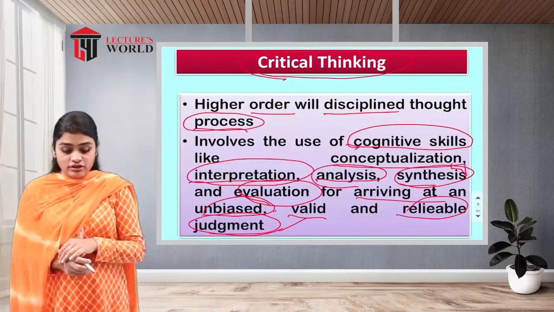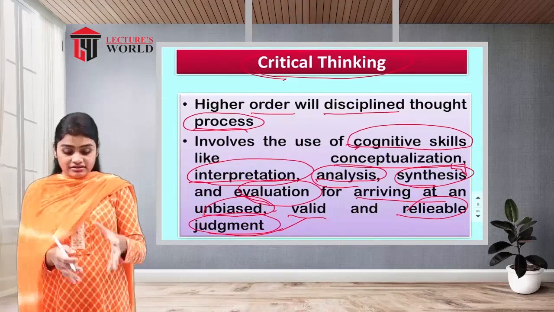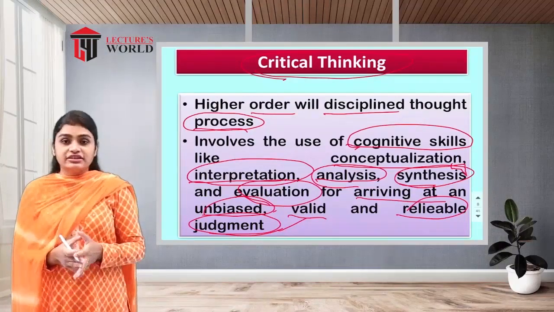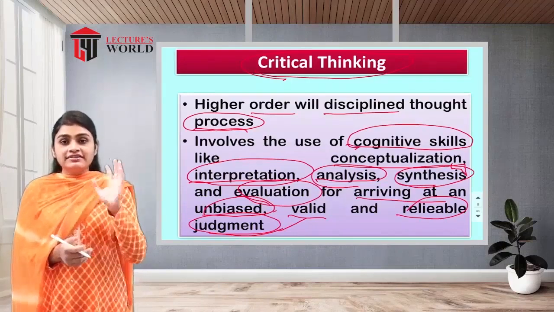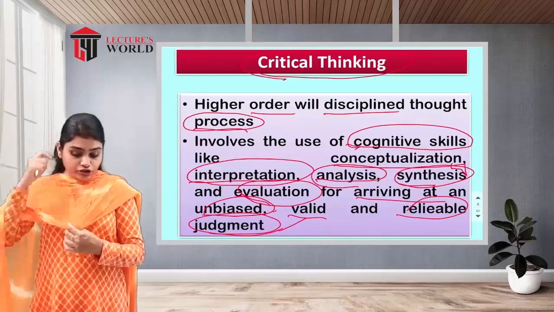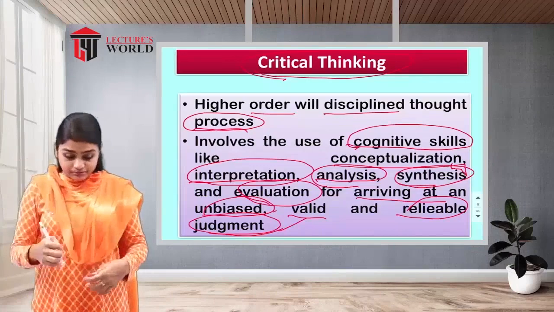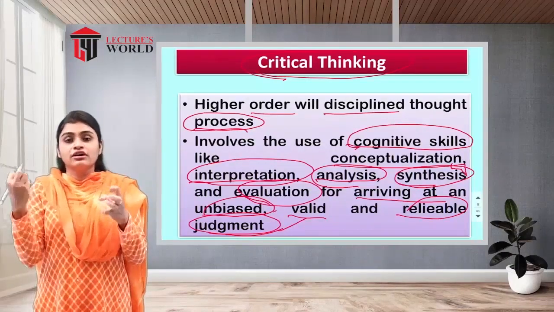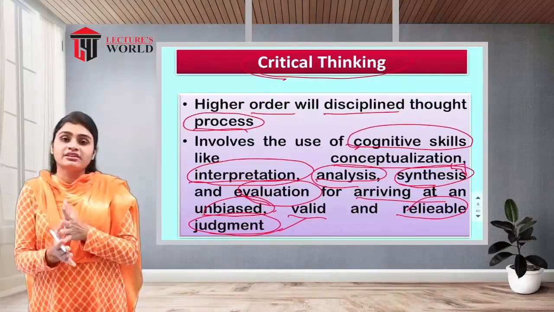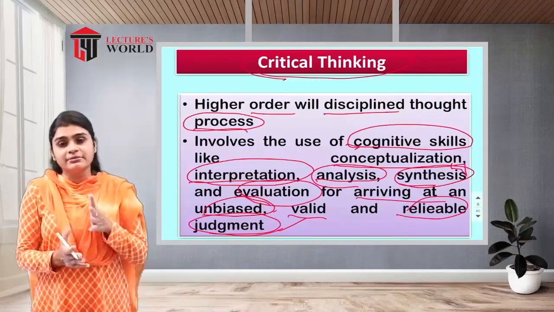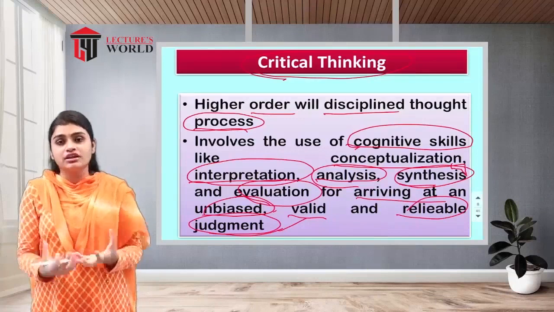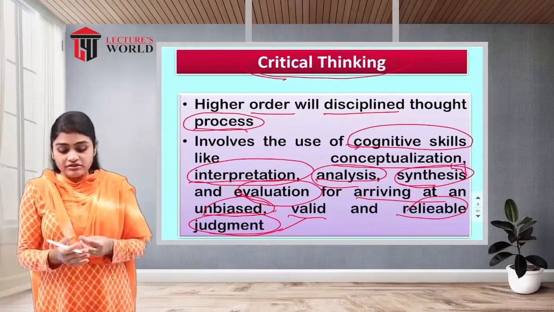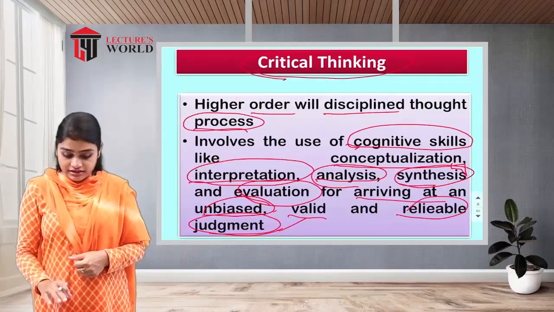That's why it is called higher order, because this critical thinking will be done by judges and all in legislative matters. So judges are going to do this type of critical thinking, where they need to analyze the whole situation, the concepts, the interpretations will be there, analysis will be there, synthesis will be there, and after that they are coming to the answer or to the solution of that particular problem. So that is called your critical thinking.